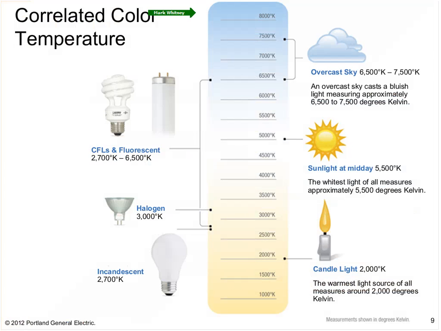So for instance, down here, when we're looking at incandescent and halogen, they're focused between around 2700 and 3000, whereas compact fluorescent and fluorescent have a very large range. They go below 3,000, and they can go up to 6,500 or even 8,000 or higher in some cases.